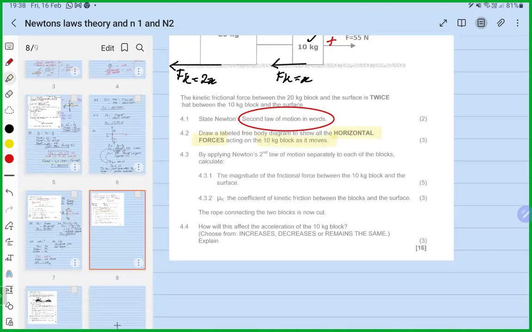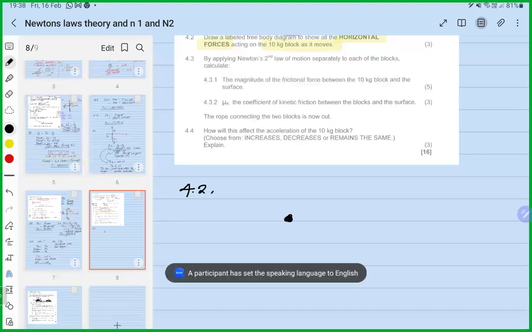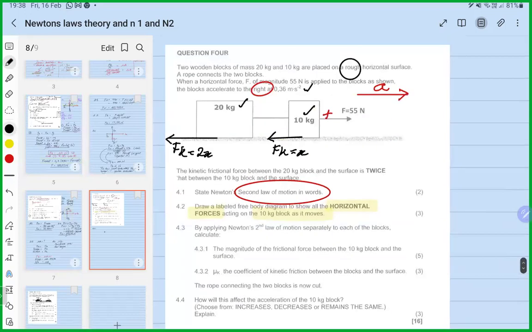Let's start off with the 10 kilogram block. Only tell me about the horizontal forces. Anyone? Can you tell me what the horizontal forces are on the 10 kilogram block? One of them is straightforward, obviously. It's easy. So a force applied.